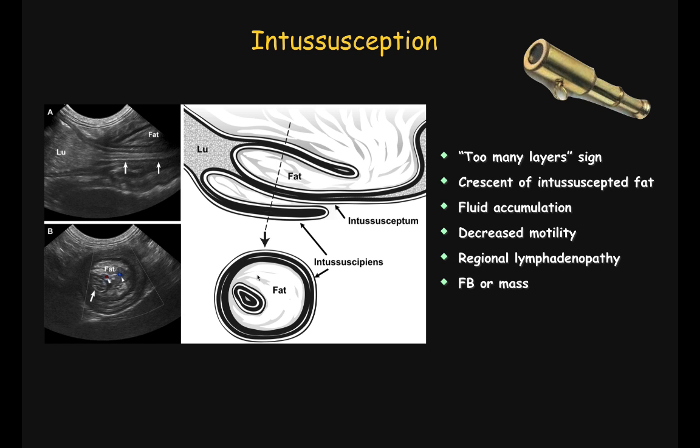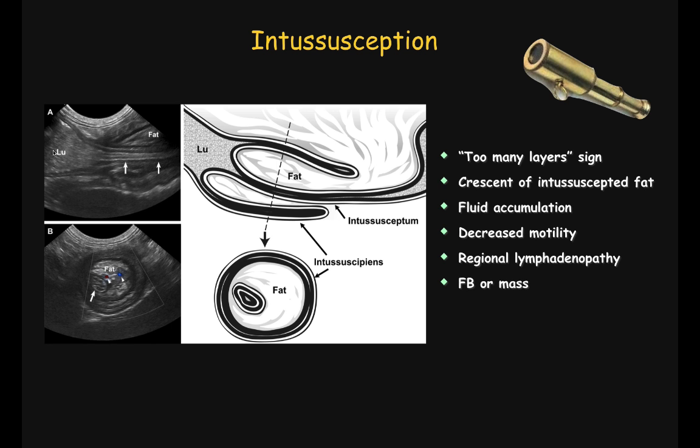The appearance of this fat will vary depending on the section obtained through the site. The intussusception causes a mechanical obstruction, and therefore we will usually see fluid or gas distension oral to the intussusception site, as seen on this ultrasound image.